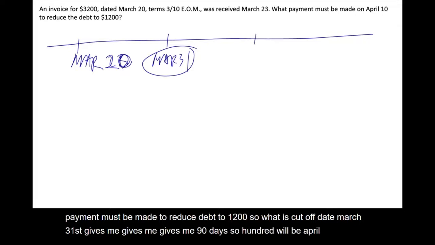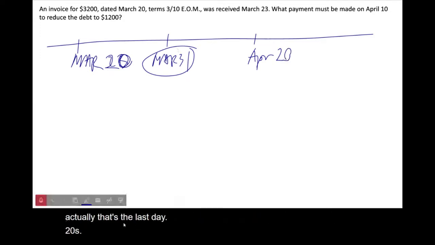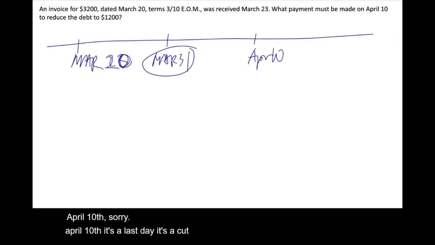So April 10th, actually, that's the last day. 20th or 10th? 10th, yeah, 10th. April 10th, sorry. April 10th, it's the last day, it's the cutoff day for the 3% discount, right? So I think this way.